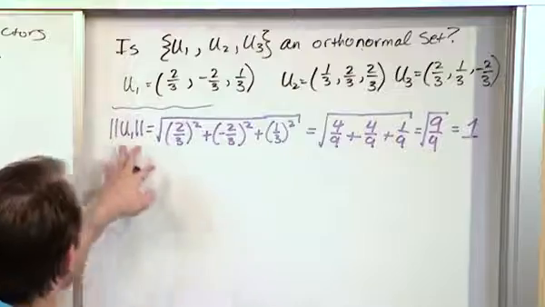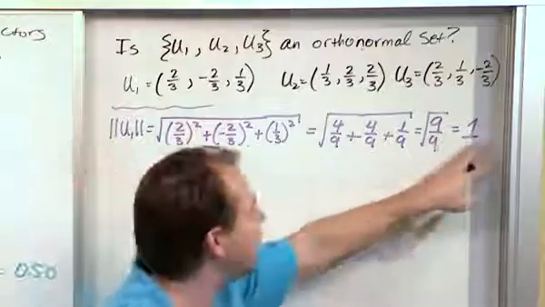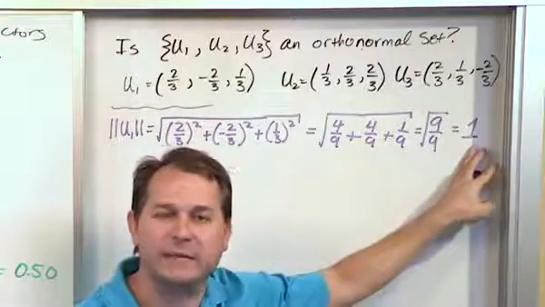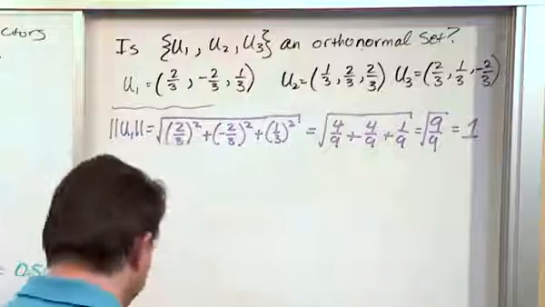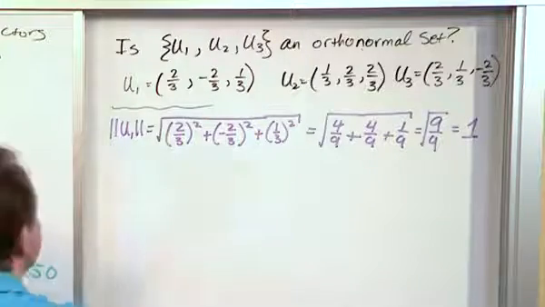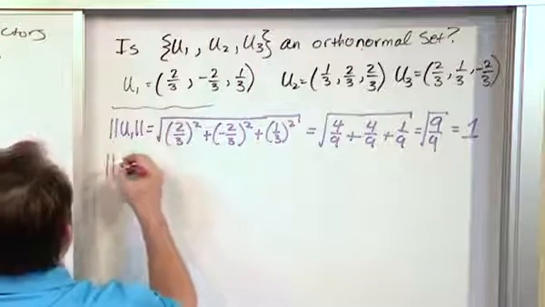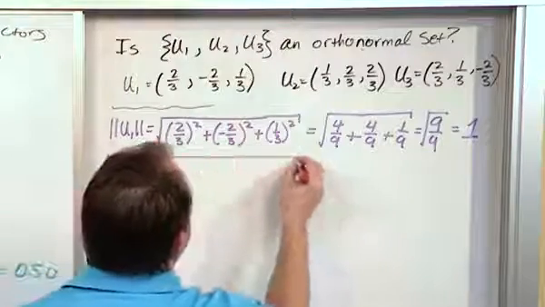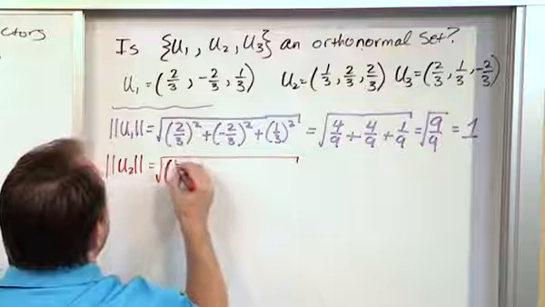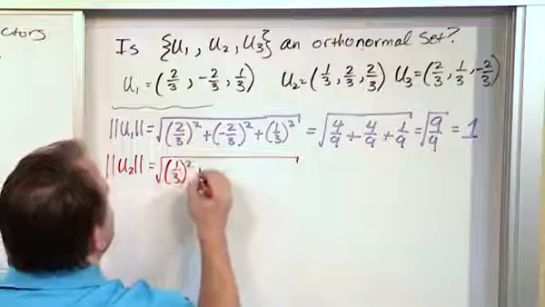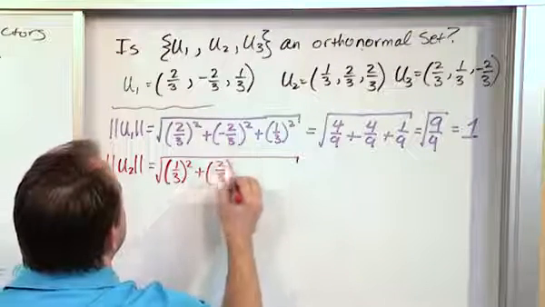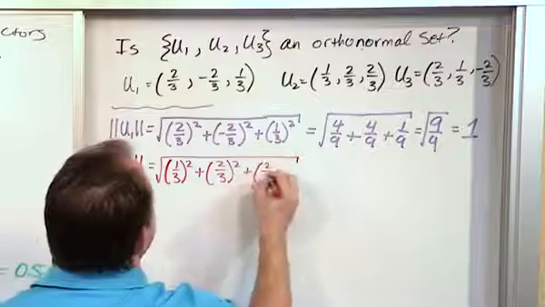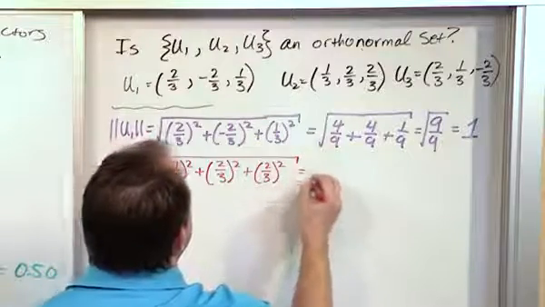What this means is the length of this first vector is actually 1, which is what we said it has to be in order for this to be an orthonormal set. All right? Now, vector number 2, let's check that one out. Vector 2 is here. 1/3 square it plus 2/3 square it plus 2/3 square it.